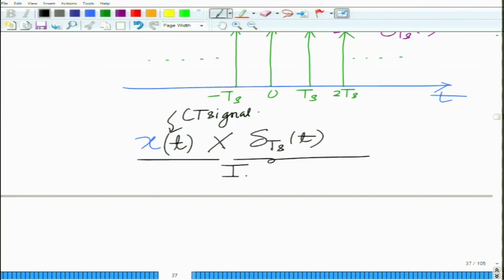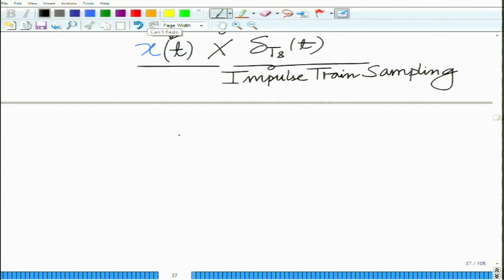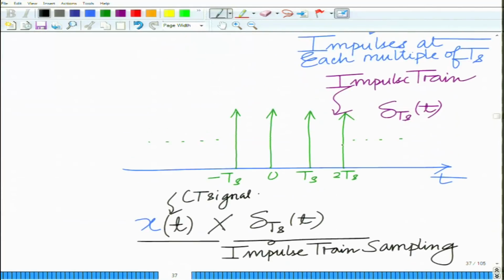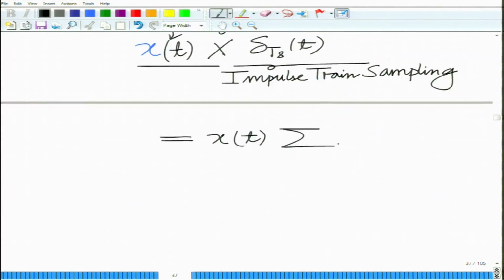This is termed as your impulse train sampling, which is basically x of t times summation k equal to minus infinity to infinity delta of t minus k Ts.